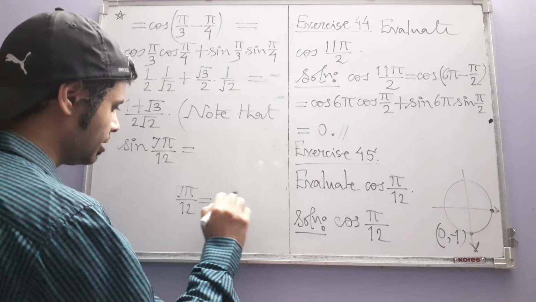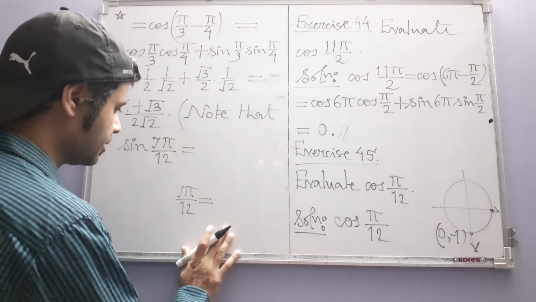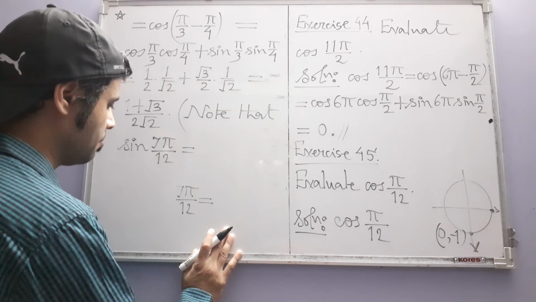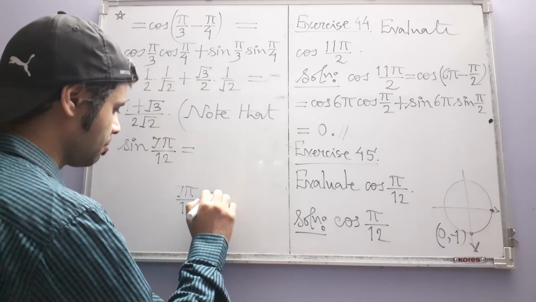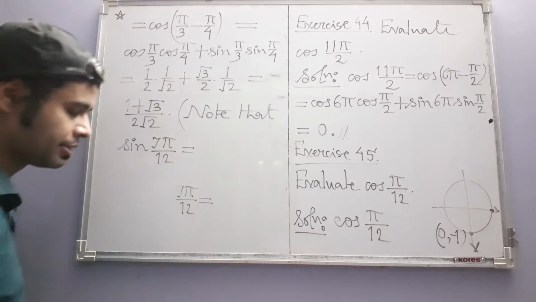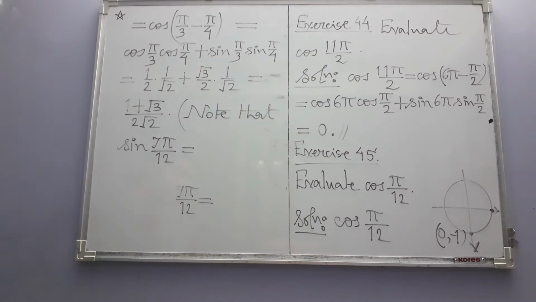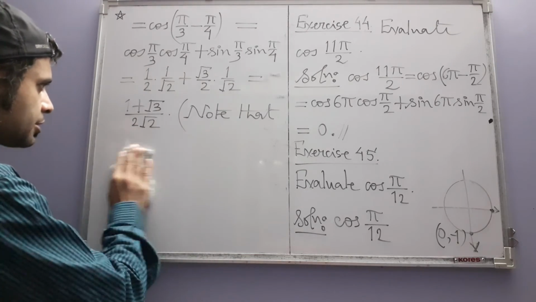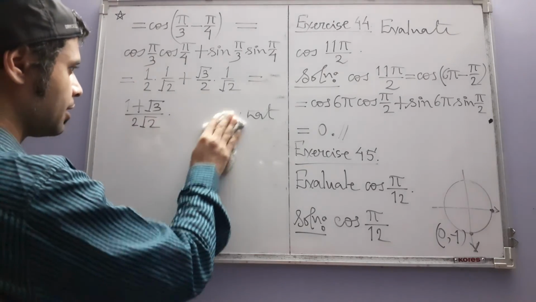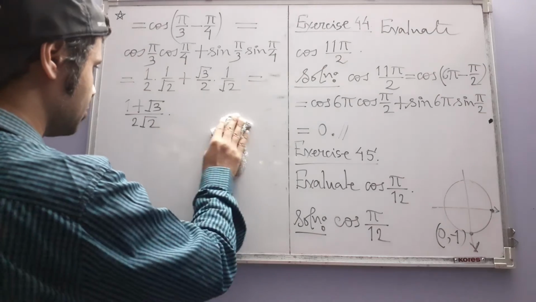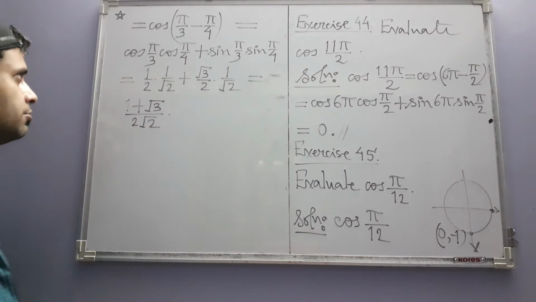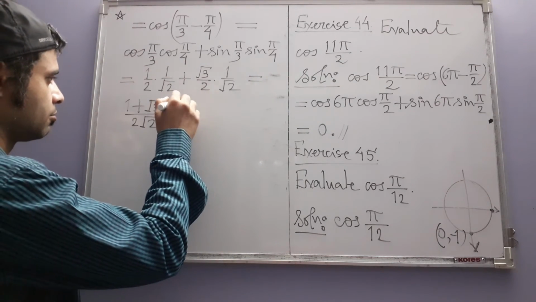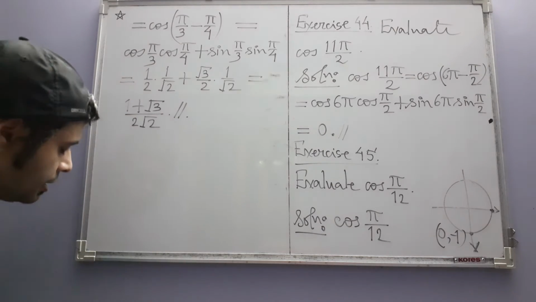I cannot write 12 minus 5 because that does not give me anything useful. No, let's just leave it. I thought I would be able to show using only the sum formulas why this value is equal to sin 7 pi over 12, but it's left to you, say. I could not see anything immediately.